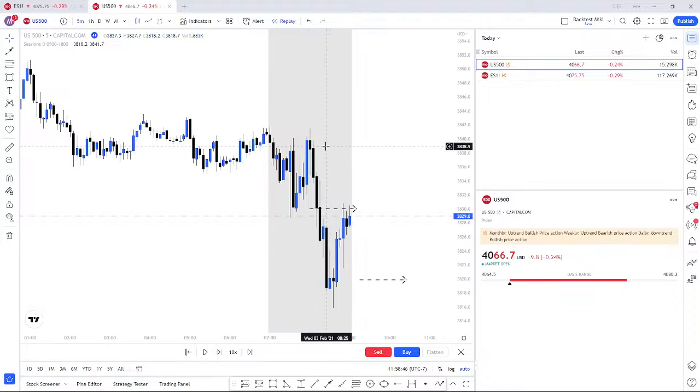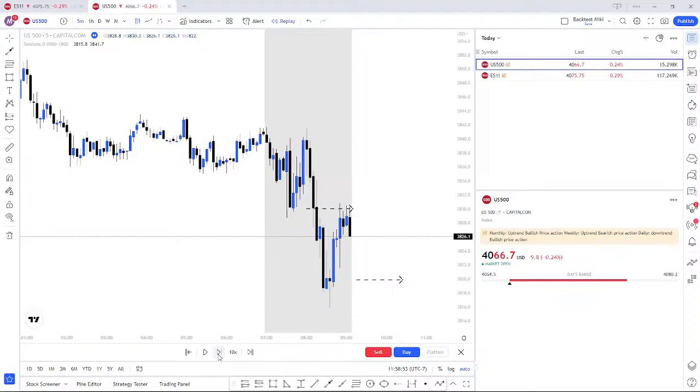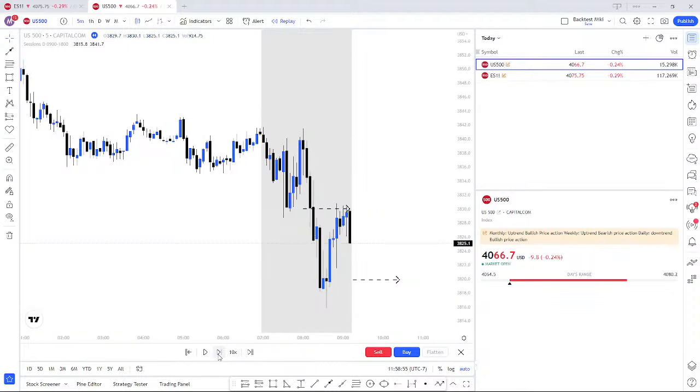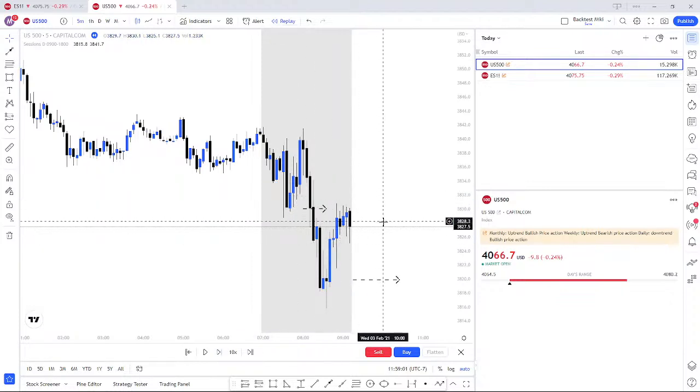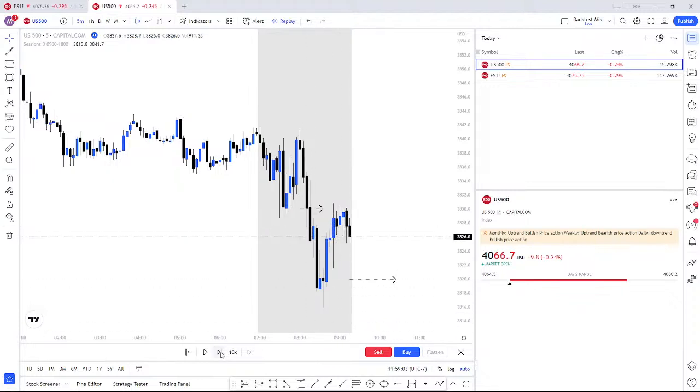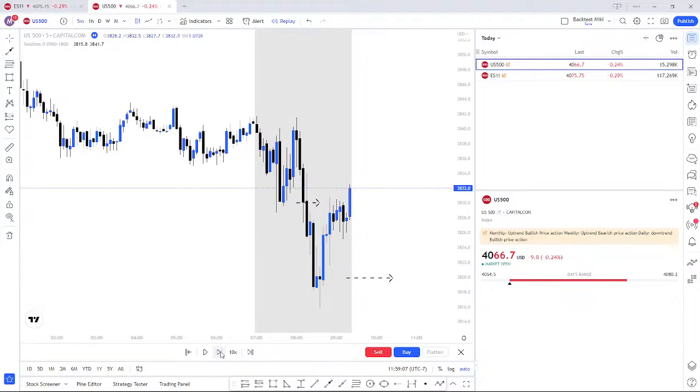Now waiting for price to get up here ideally, but we'll see if price forms a short opportunity around here. Base forming, breaks to the upside.